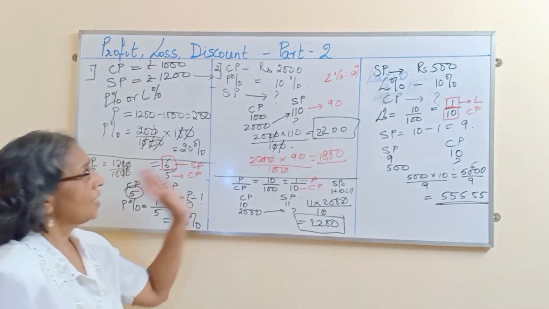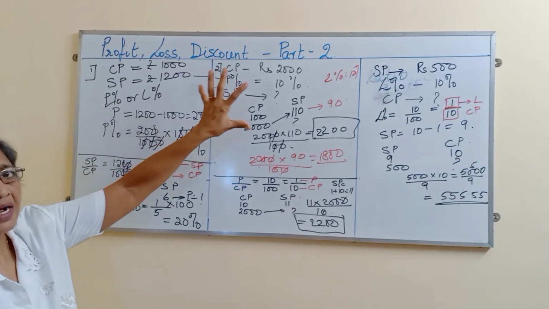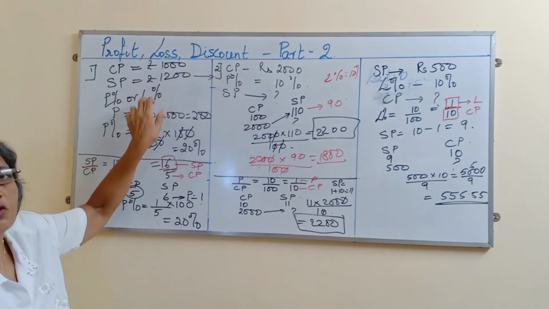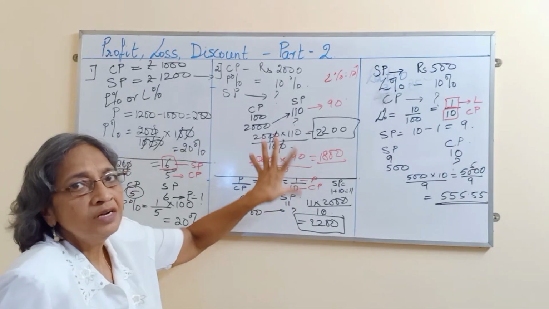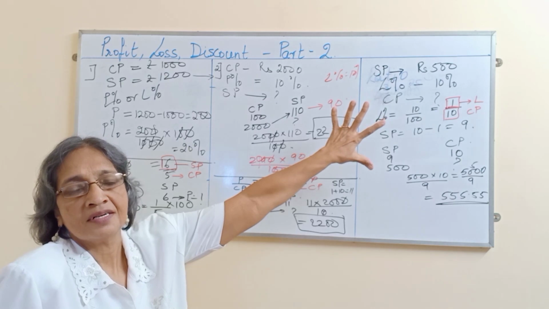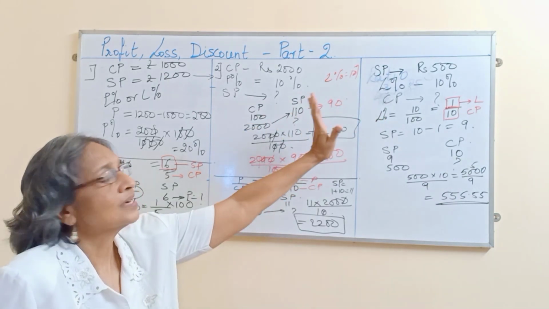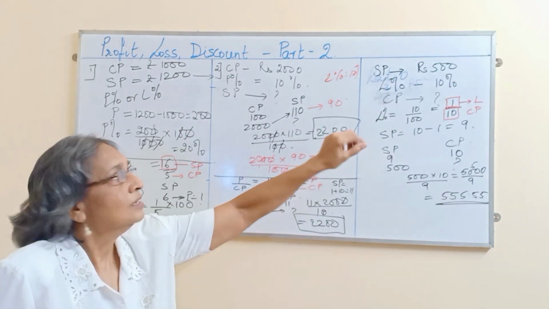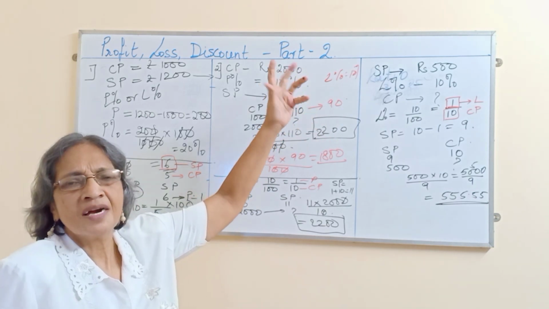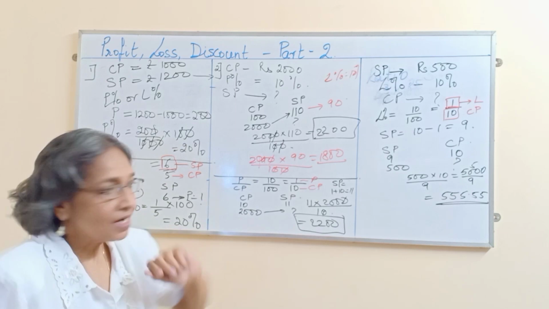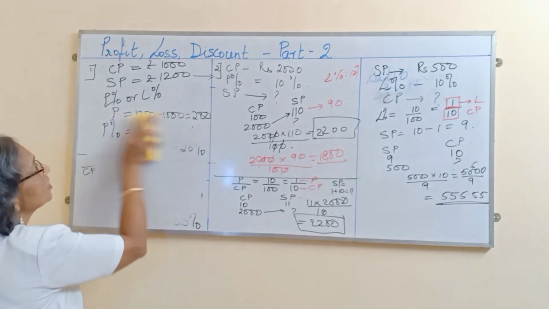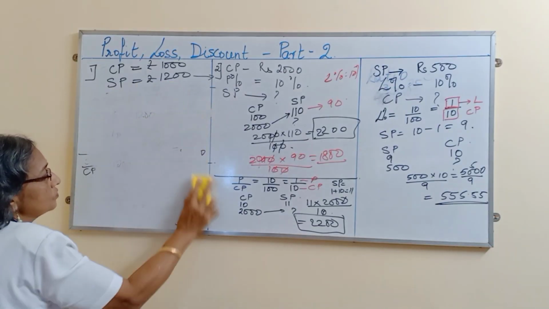So we have done 3 types over here. Have a look at this. CPSP given, you found the percentage. Percentage given, you found the CPSP, and a similar case like this. Now whatever percentages I have taken here, they are all 10%, 15%, 5%. We'll take one problem where we are given the percentage as a fraction.